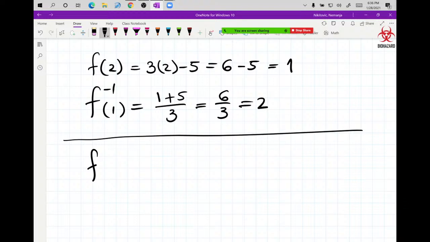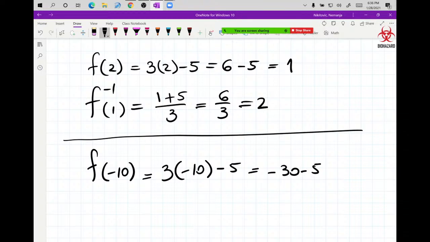Let's do another example. How about f of -10, just because we can. So 3 times -10 minus 5 is equal to -30 minus 5, which equals -35. When we compute a function value, which is what we learned in the first class, we plug a number in and got -35 as the output.